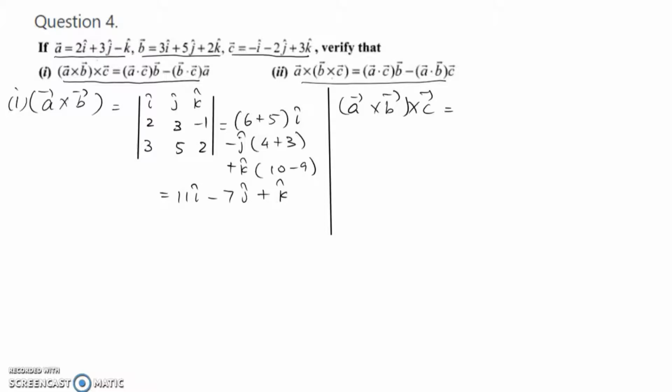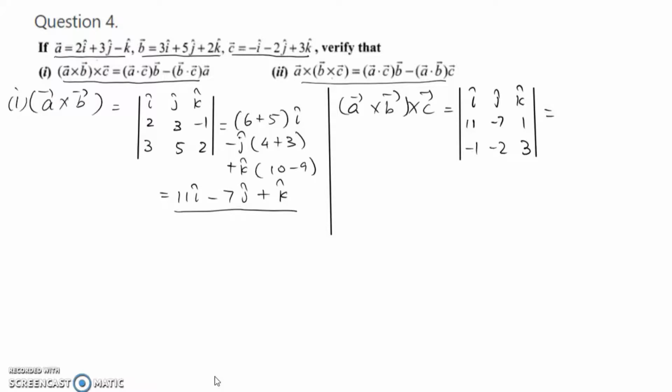Okay, so now let's find the vector triple product. That will be equal to the determinant of i cap, j cap, k cap, and our A cross B is this, so let's bring the coefficients here: 11, minus 7, 1, and our vector C has coefficients minus 1, minus 2, 3.